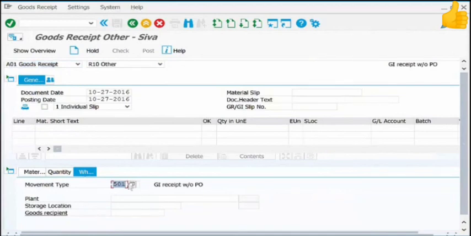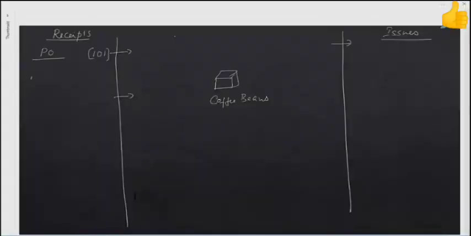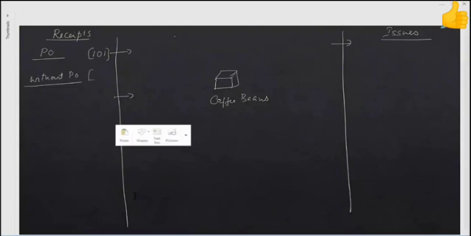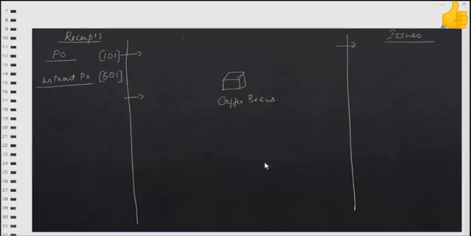And the process is going to be the same. You enter the plant, you enter the storage location, you enter the vendor, and that's it. So without PO, the movement type is going to be 501. So goods receipt with a PO is movement type 101, and goods receipt without PO is movement type 501.